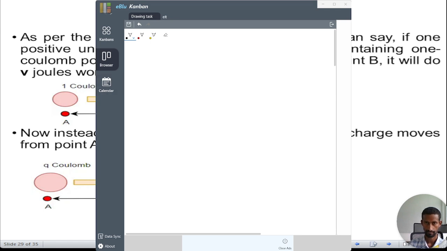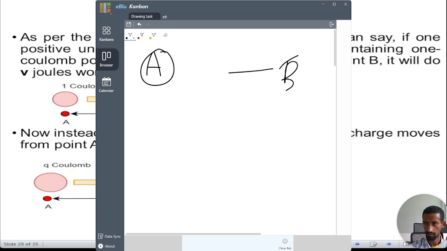Let's say this is point A, and this is point B. The potential difference between the 2 points is V volt.